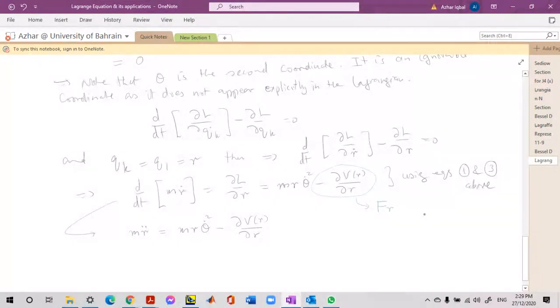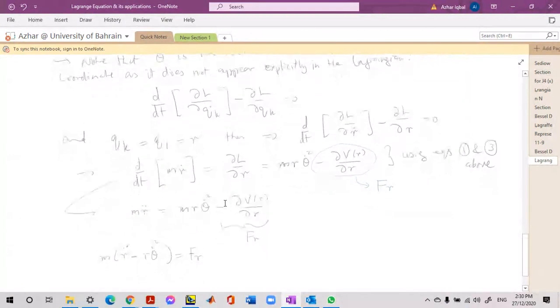This equation can then be written with the opposite signs: m r double dot minus m r theta dot square is equal to Fr, that is, m(r double dot minus r theta dot square) equals Fr.